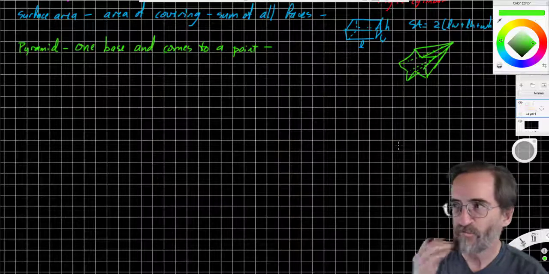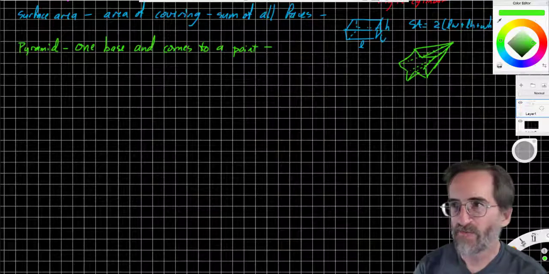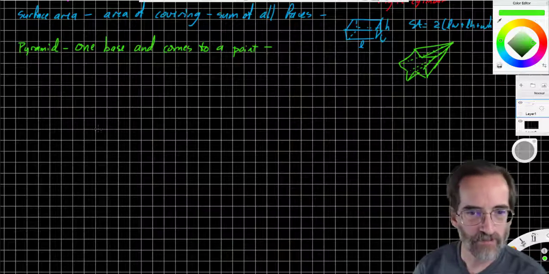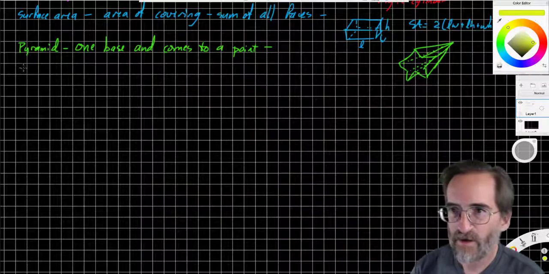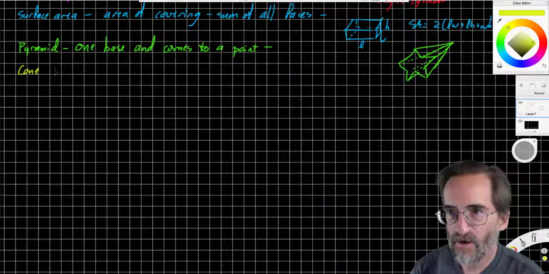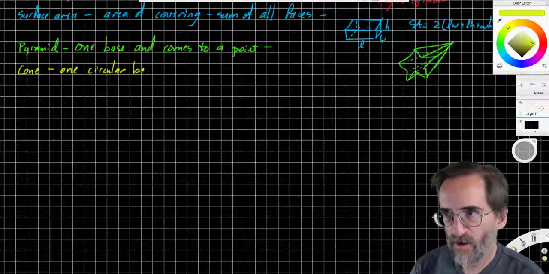Okay, so pyramid. One base, and it comes to a point. Cone. One circular base. And comes to a point.